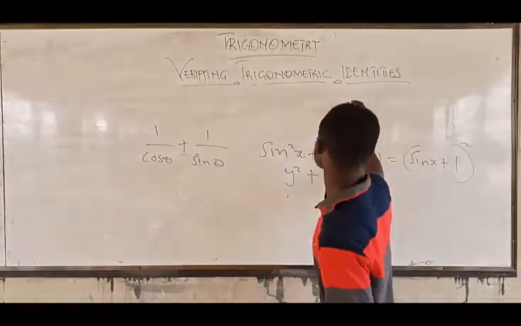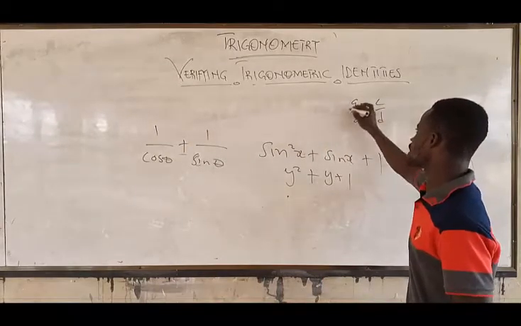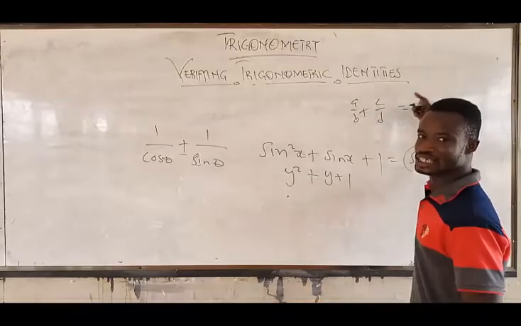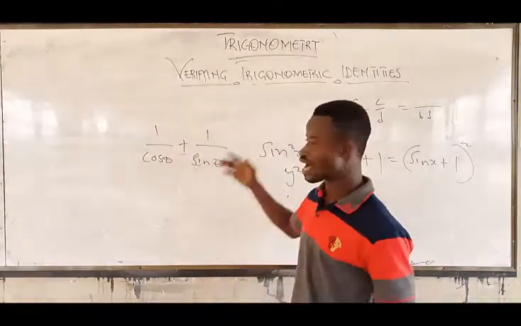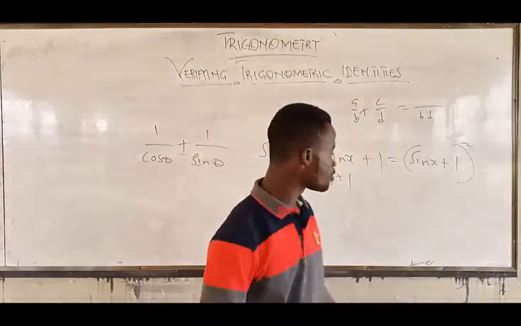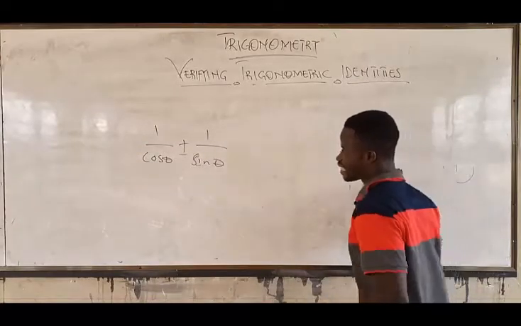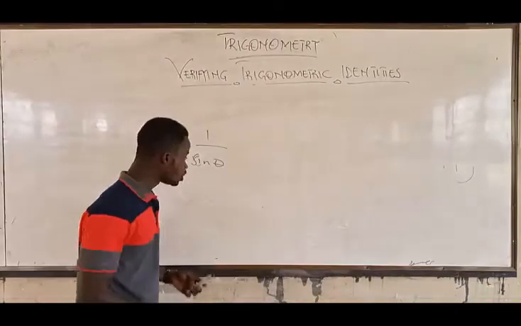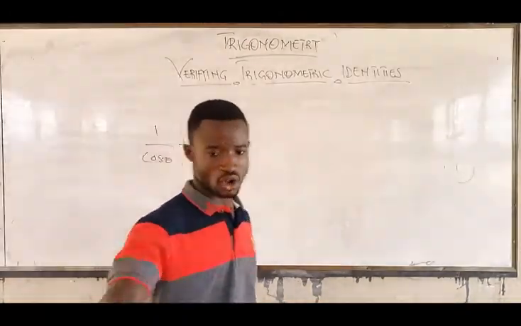Like if you have, let's say, a over b plus c over d, the only way to go about it is to find the LCM, which is bd. Then you continue like that. In the same way, when you are performing such an expression, you need to go by LCM.